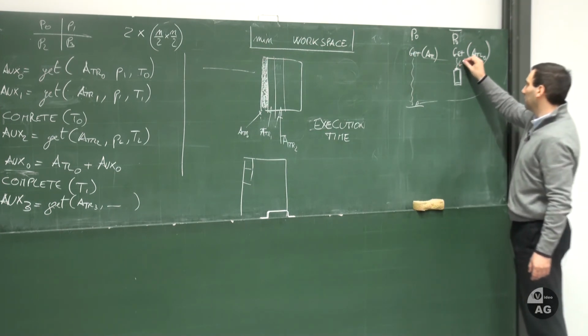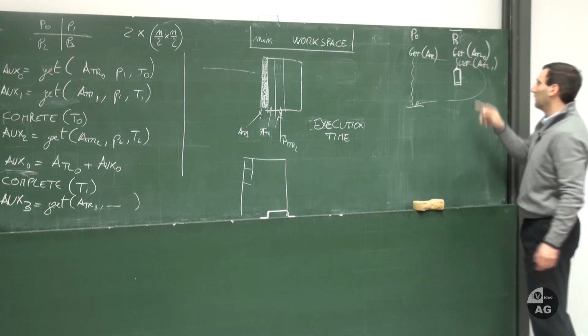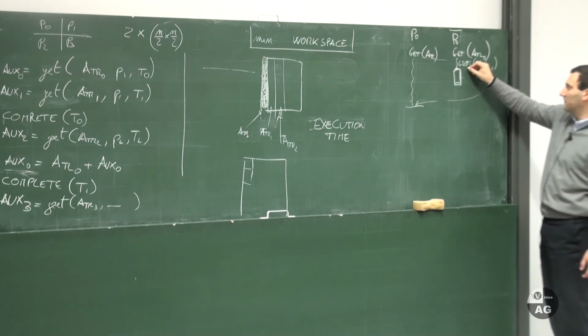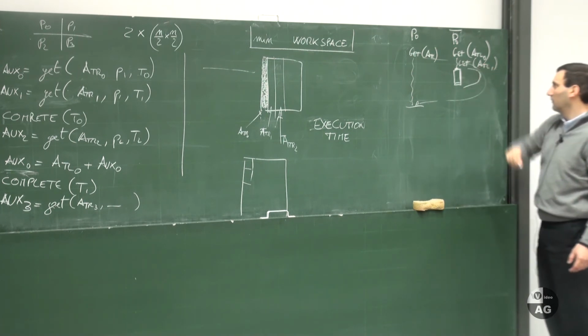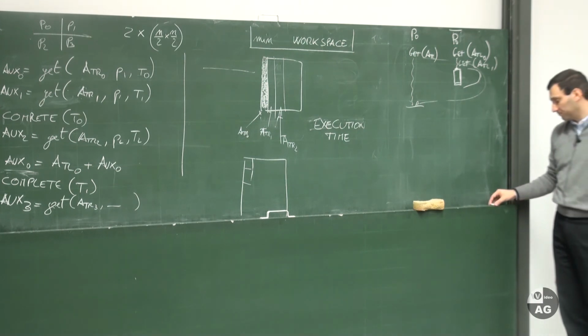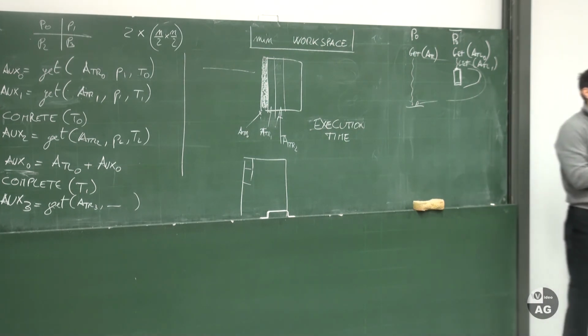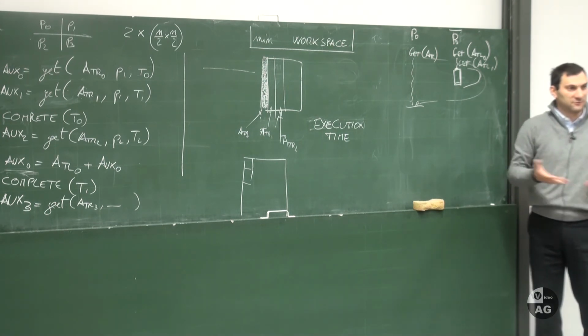I immediately issue a get for A top left 1. So this get happens while this computation is happening. There is an overlap of communication and computation. The program looks nastier, but the end result is faster.